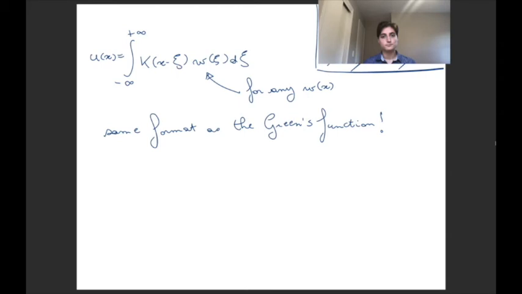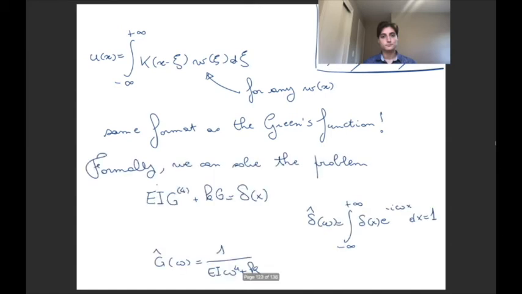This is actually the same function format as the Green's function, except that this is a different convolution that we're handling. But when we were looking at Laplace transform, we were getting to the same format. Formally, we can solve the problem as we did to construct a Green's function for the Laplace problem. We were replacing the right-hand side with delta of x.